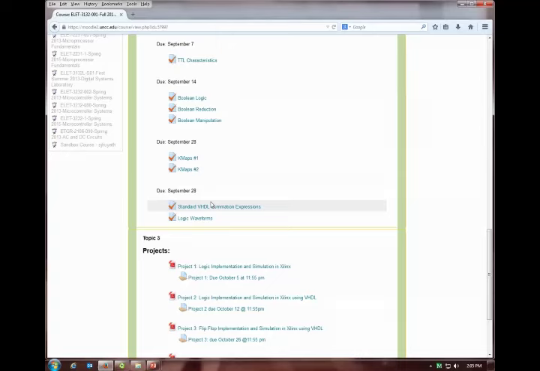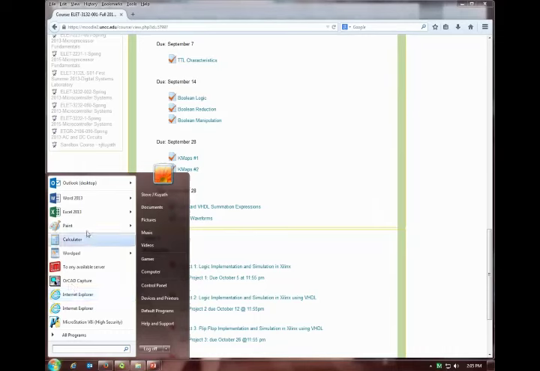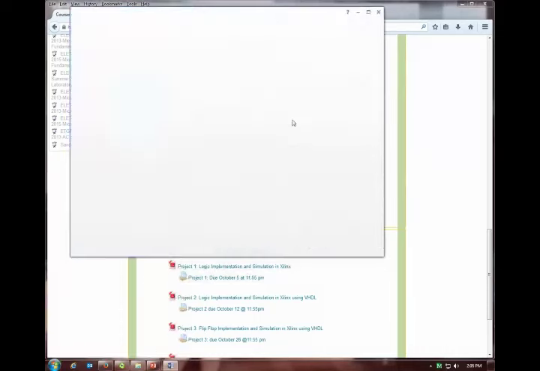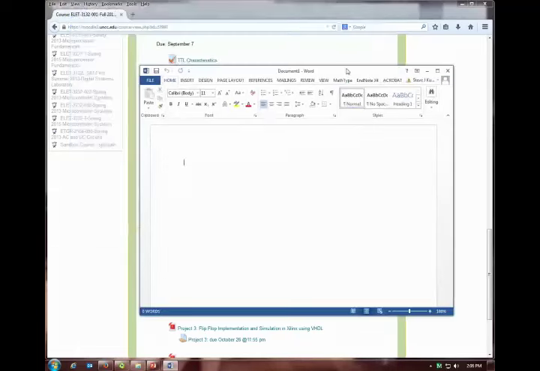So all your expressions should be in sum of product form. That means A and not B and C, all that within parentheses, and then or. Everything from now on for the rest of the semester that you turn in, you'll enter with standard VHDL.